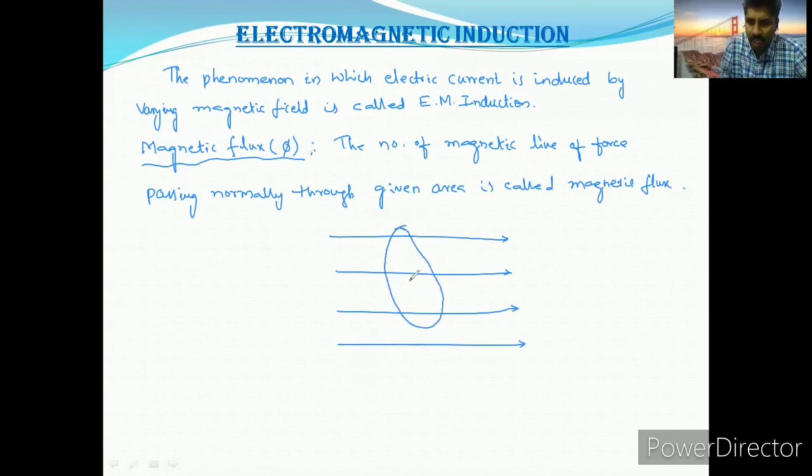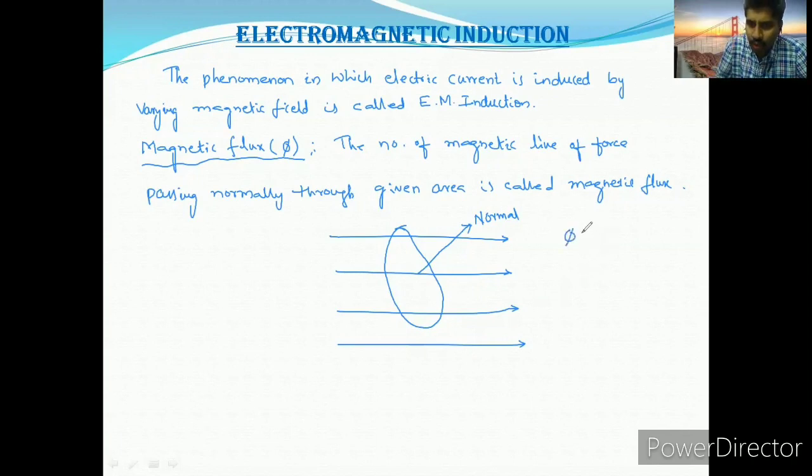How many magnetic lines of force pass through this area? This is the normal. So from this area, how many magnetic lines of force we can consider as magnetic flux? It is denoted with the letter phi.